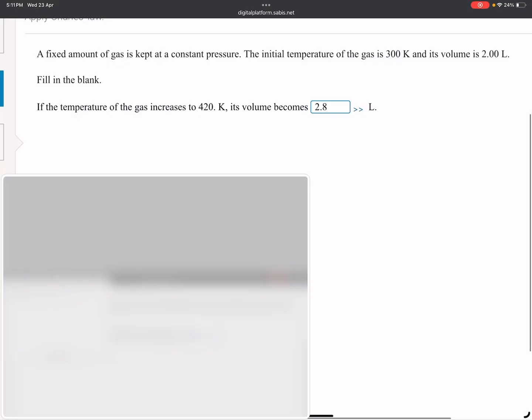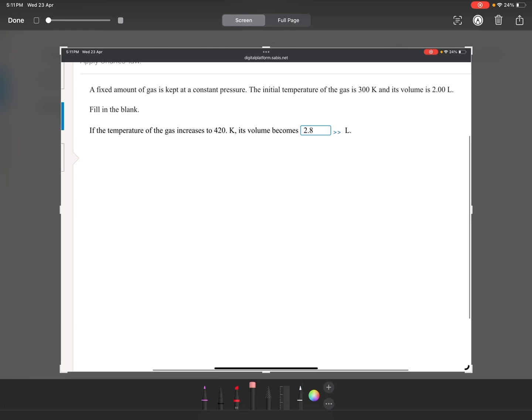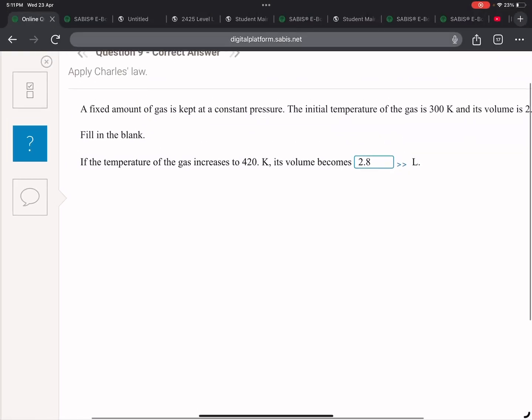Okay, so here they gave us the temperature and volume, so V1 over T1 equals V2 over T2. Volume 1 is 2, temperature 1 is 300, volume 2 is x, we're trying to find it, over temperature 2, 420. Cross multiply 420 times 2 over 300. Let me put that on my calculator. You get 2.8 exactly. So yeah, moving on.